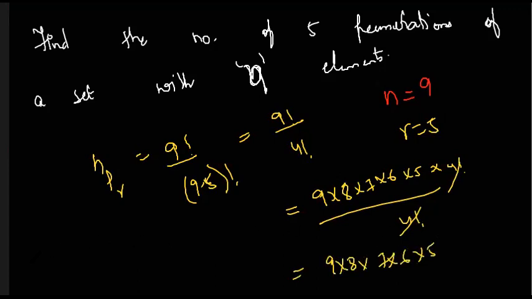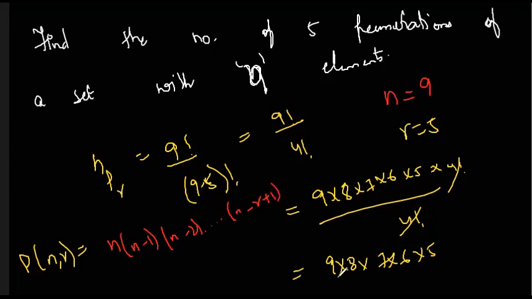Now if you remember, NPR is also written as P of n comma R, and the formula was given in this way: n into n minus 1 into n minus 2 and so on up to n minus R plus 1. So if you notice, this is the same thing.